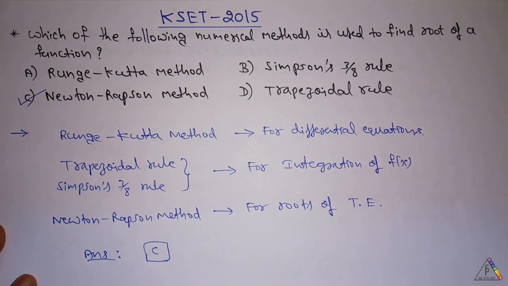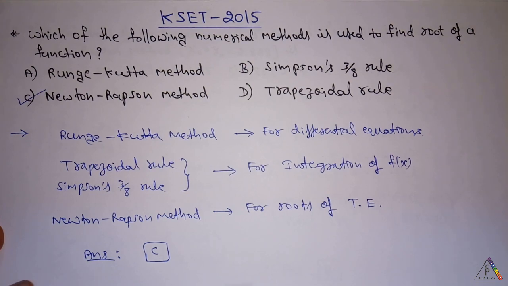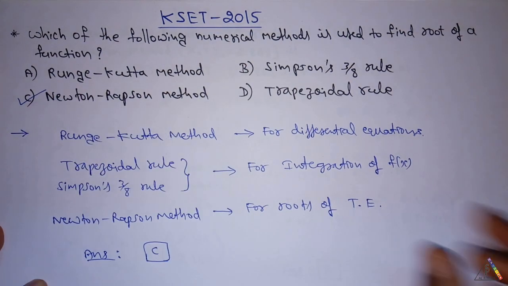Transcendental equations are those equations which contain trigonometric functions, exponentials, or polynomials. Therefore, for this question, the answer is option C.